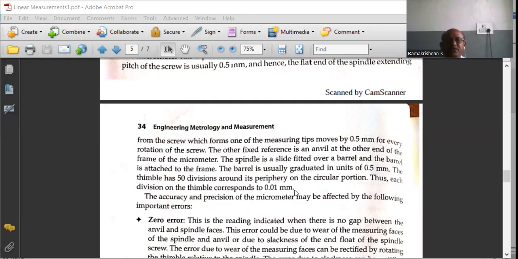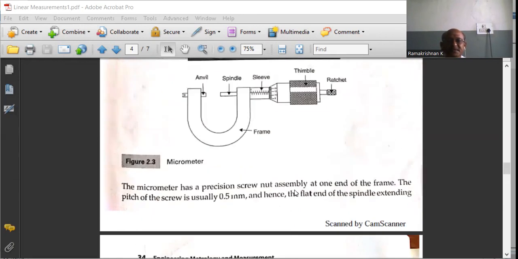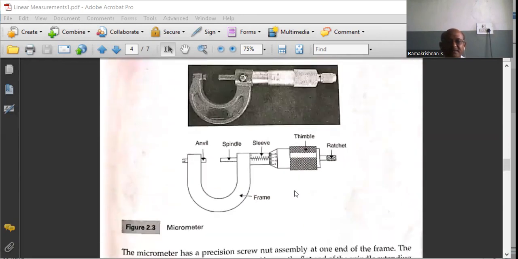Now, normally the micrometer may have some error. When the anvil and the spindle are in a closed condition, the zero of the sleeve, that is the pitch scale, and the zero of the main scale should coincide. That indicates there is no zero error.